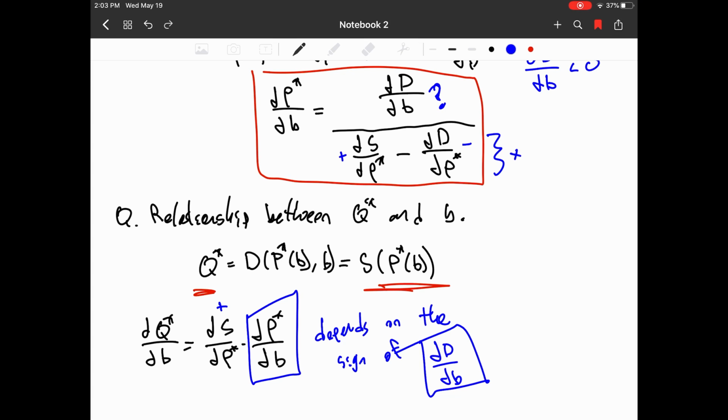So when price increases with B, then the quantity in equilibrium also increases with B, and the reverse is also true. Economists typically summarize the shape of a supply or demand curve using what we call elasticity rather than slope.